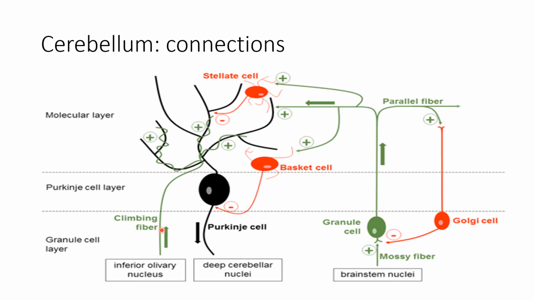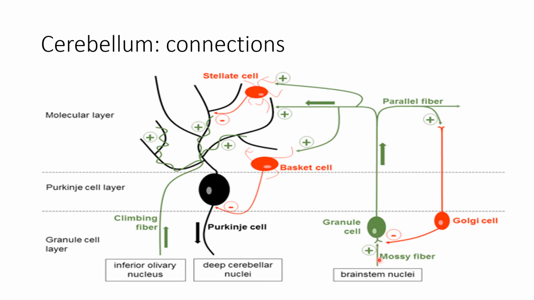Here, the peculiarity of the climbing fiber is that it makes connections with only a single Purkinje cell, while the effect of the mossy fibers is diffuse, and they divide. These are the mossy fibers coming from the other brainstem nuclei.